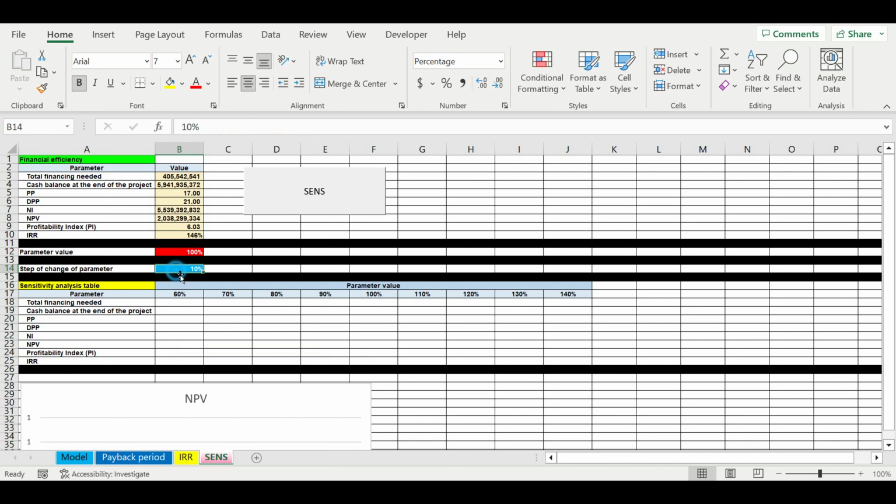We can also, for example, change the step and see what will be the change of financial efficiency if we more dramatically increase the step of changing. So let's do it, for example, and press the sense button, and I will show you how it works.